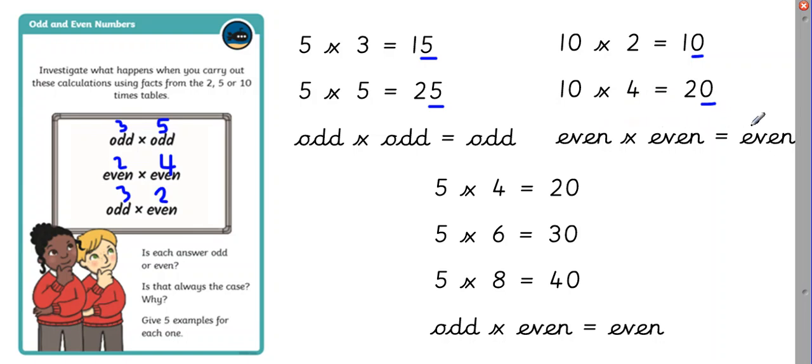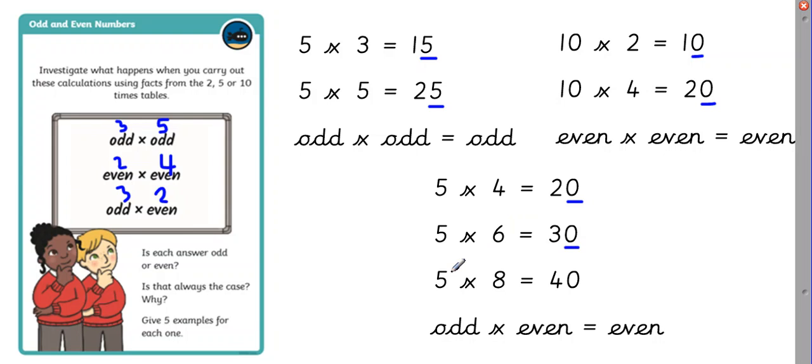So that means that an even number multiplied by an even number is an even number. Okay, so let's have a look at odd and even. So 5, which is an odd number, multiplied by 4, which is an even number, equals 20. Okay? 20 is even because it ends in a 0. 5, my odd number, times 6, my even number, is 30. Again, it ends in a 0, which means that it is even.